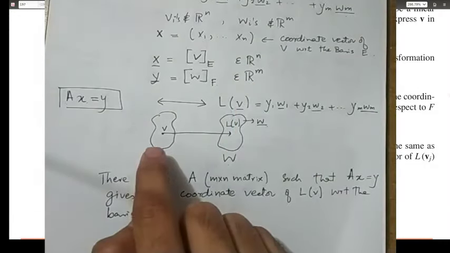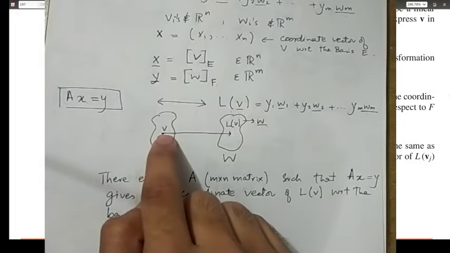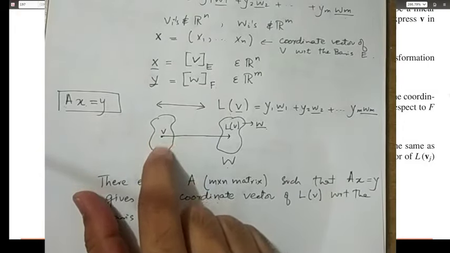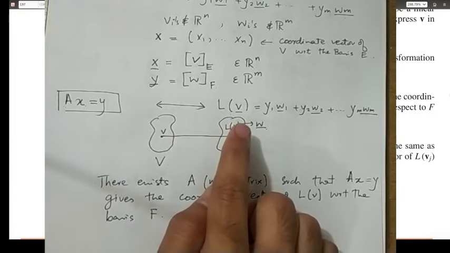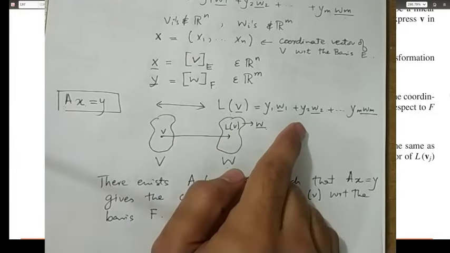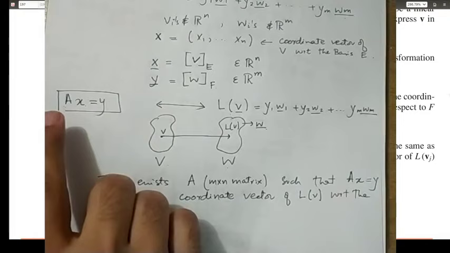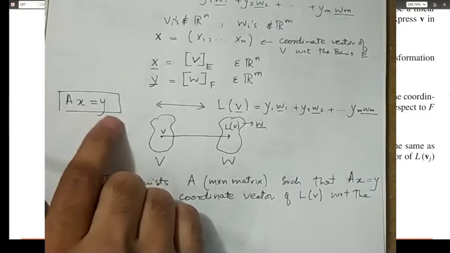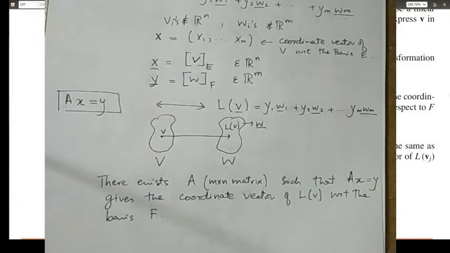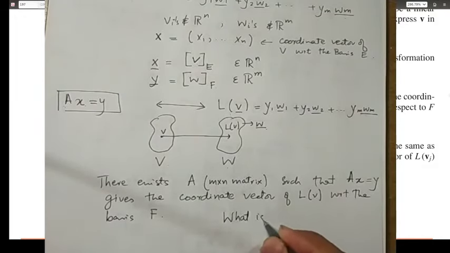X was given the coordinates of this vector in terms of basis E. Y was giving the coordinates of this vector in terms of basis F. And this is the relationship between the two coordinate vectors. And we can always find such an A. And so the question remains, what is A?